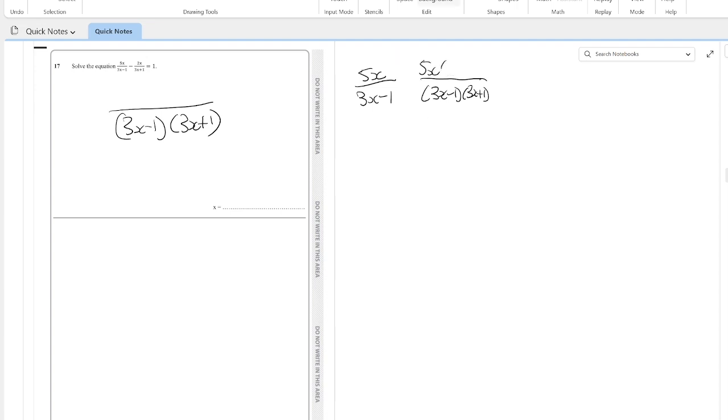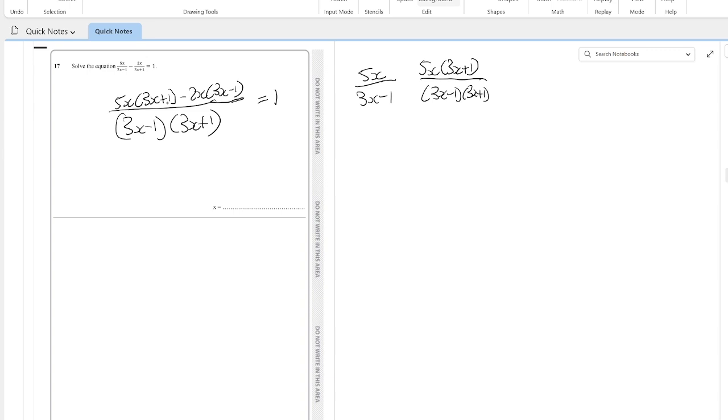So we have to multiply the top by 3x plus 1 to give us this. If we do a similar thing, we get minus 2x times 3x minus 1. And so now we've made this into a single fraction. This is equal to 1.